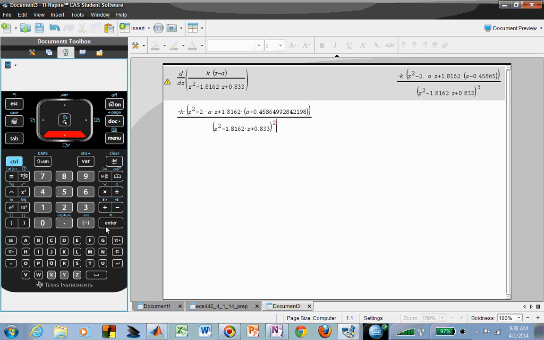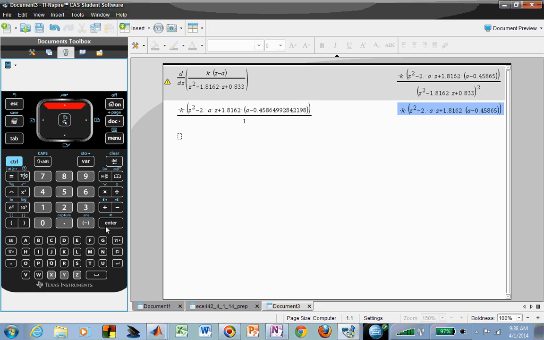Well, the denominator as z goes to 1 is going to be a constant, and so I can multiply both sides through by that. Let me just get rid of that and replace it with a 1. This is now my expression, or getting close to that expression. I'm going to divide out by just deleting the k, or the minus k, and now I have an equation that looks more like what I want.